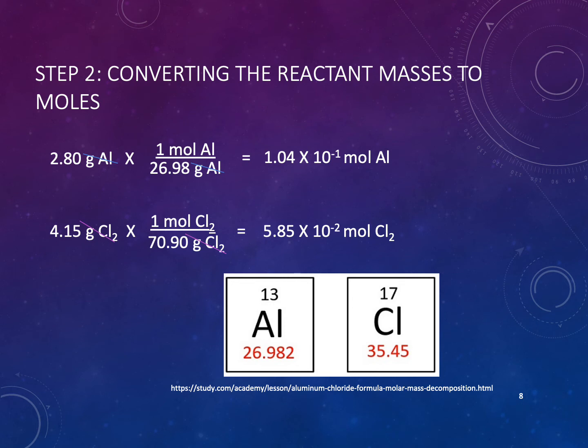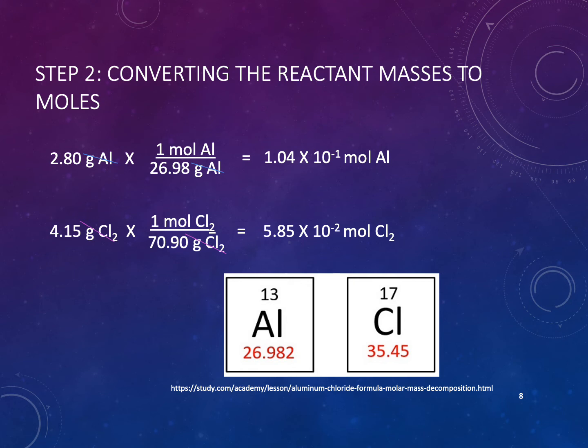And then below, we would have our chlorine mass, which is 4.15 grams, divided by the molar mass of chloride. Since it's a diatomic, we have to multiply the molar mass by 2 so that we get both chlorines in the equation.